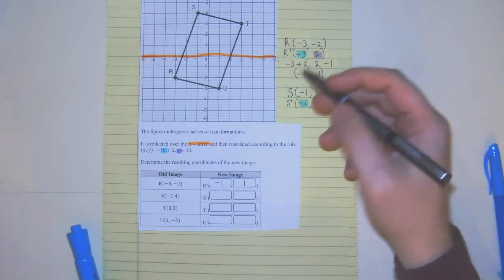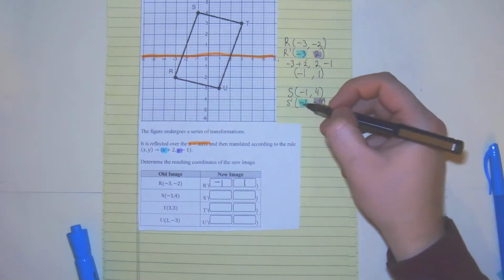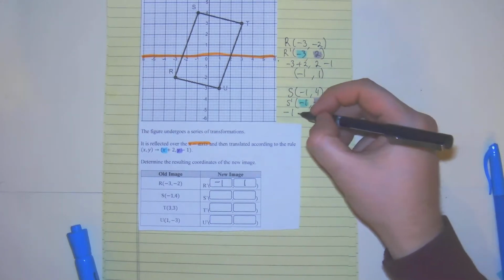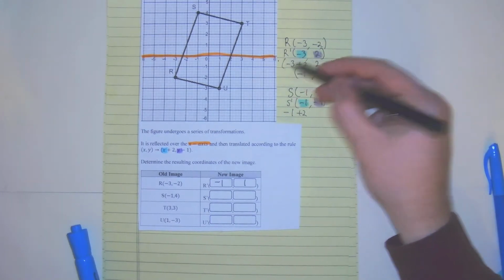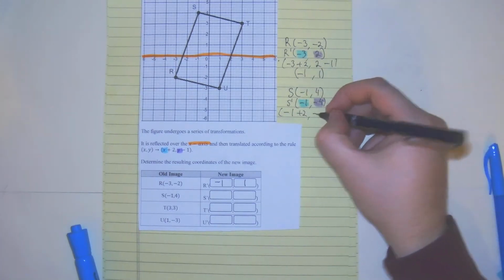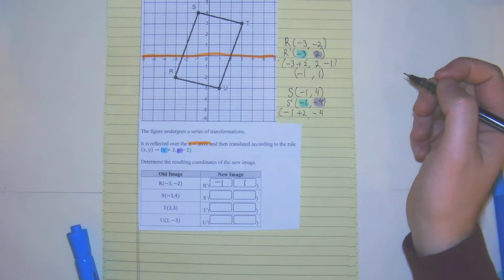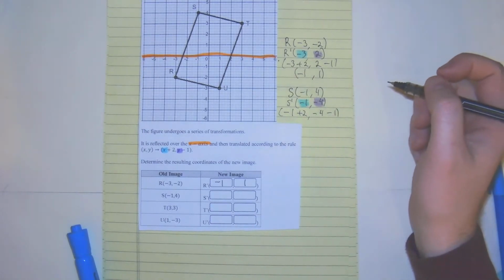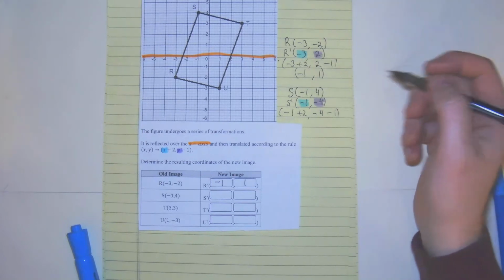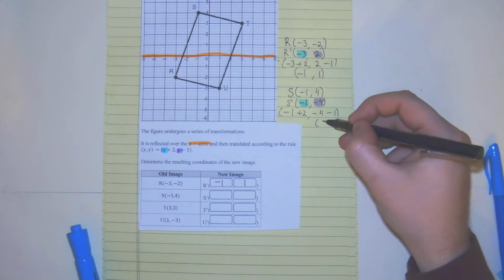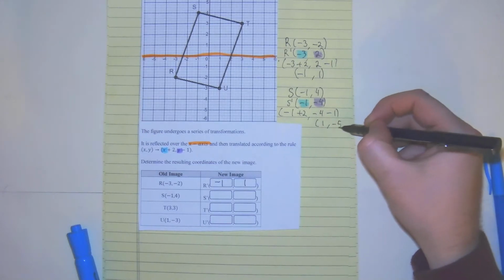So we have -1 plus 2, comma, -4 minus 1. So that means our new value, S double prime, would be at (1, -5).